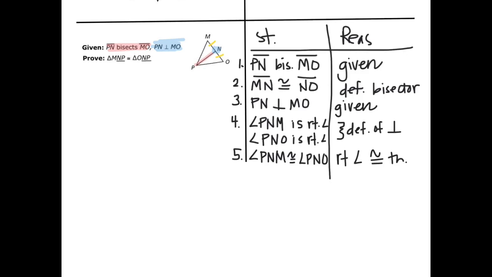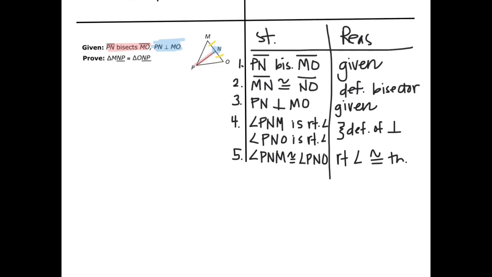So far, we have established one corresponding side that is congruent and one corresponding angle that is congruent. Now we have to deal with another side, and we have to make sure that we are talking about an included angle.